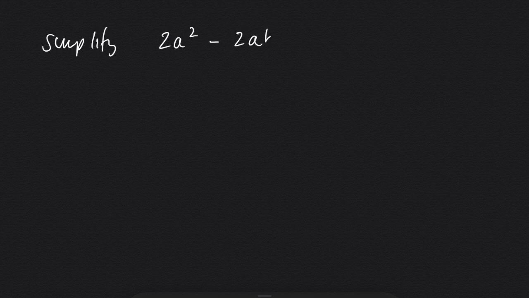If we have a question like simplify 2a squared minus 2ab all over 6ab minus 6b squared, what can we do to this? Well, the first thing is we can look at the top and the bottom and treat them independently.